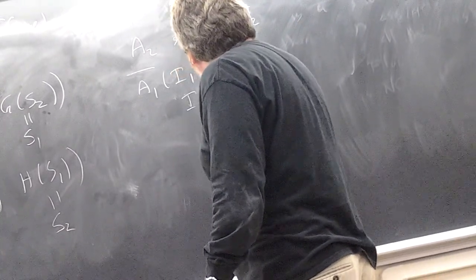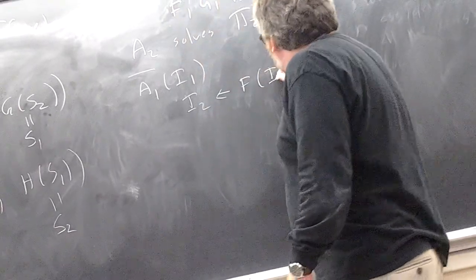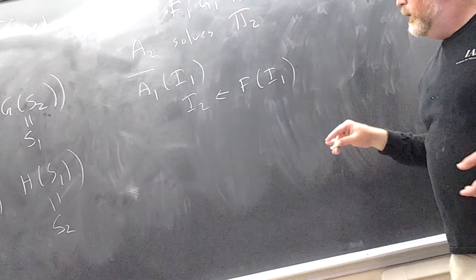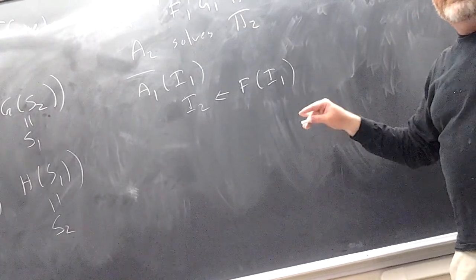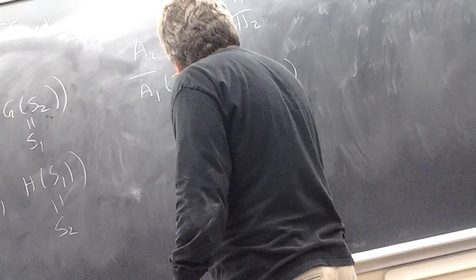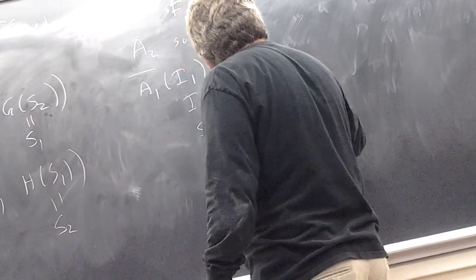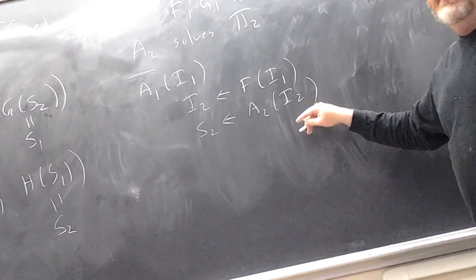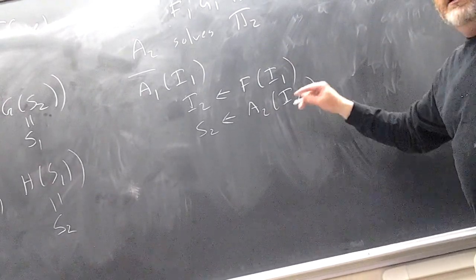We let I2 be our construction of an instance of pi 2 using this transformation F. S2 gets our best attempt at solving I2.